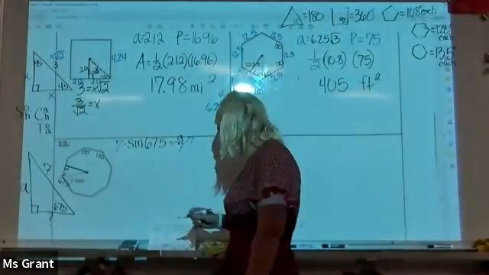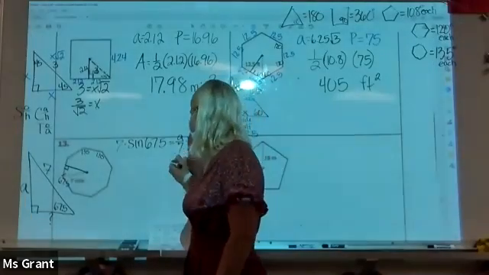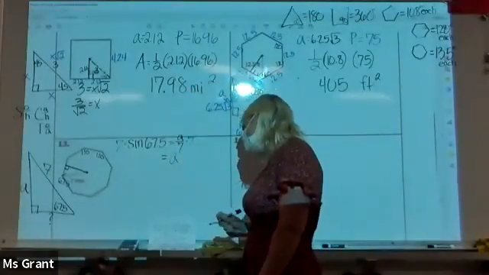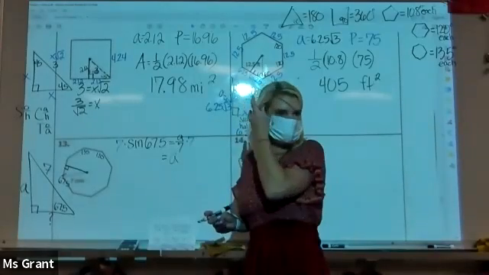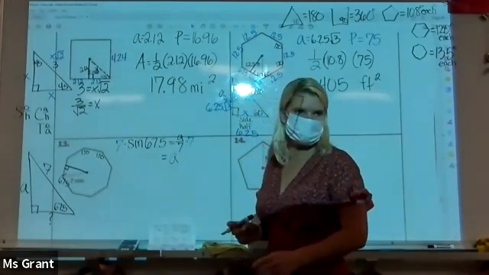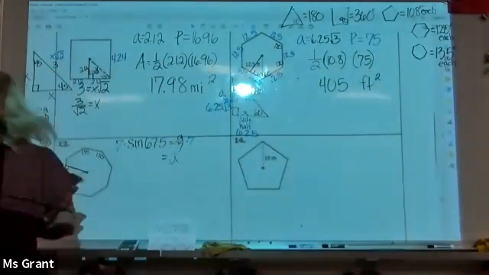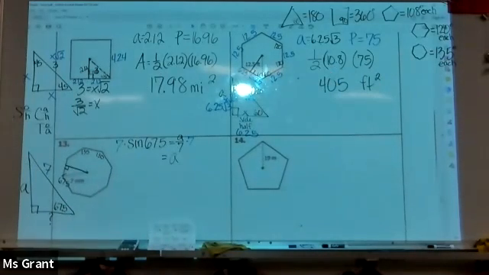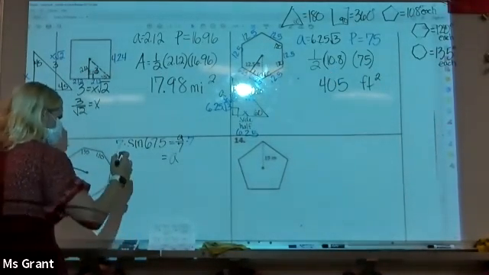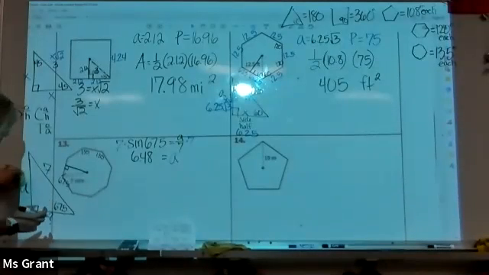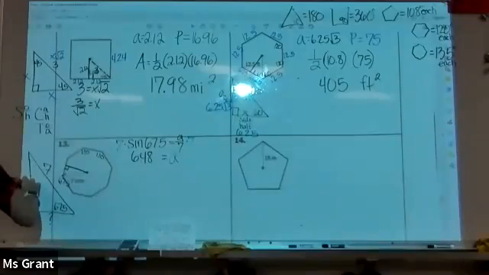On the calculator, what is it? 7 times sine 67.5. About 6.48. Yep. Now, that's how tall my triangle is, the height.